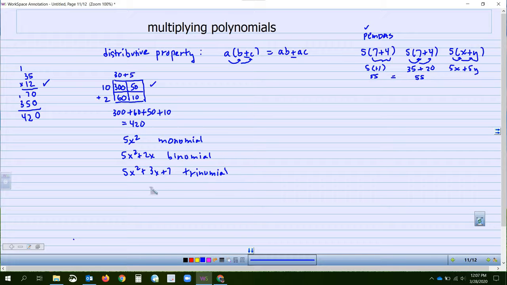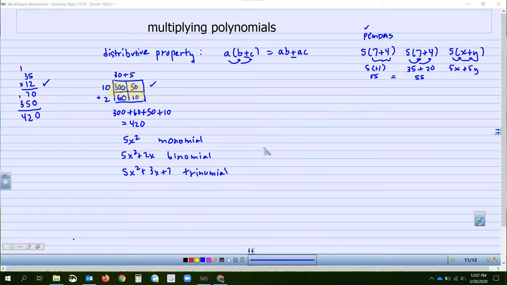And we could keep going, 4 terms, 5 terms, 6 terms. You can have as many terms in a polynomial as you want to. So when you are multiplying polynomials, you do it a little differently with monomials than you do with the other ones. But if you set it up this way, using rectangle multiplication, it makes it pretty straightforward to do it.